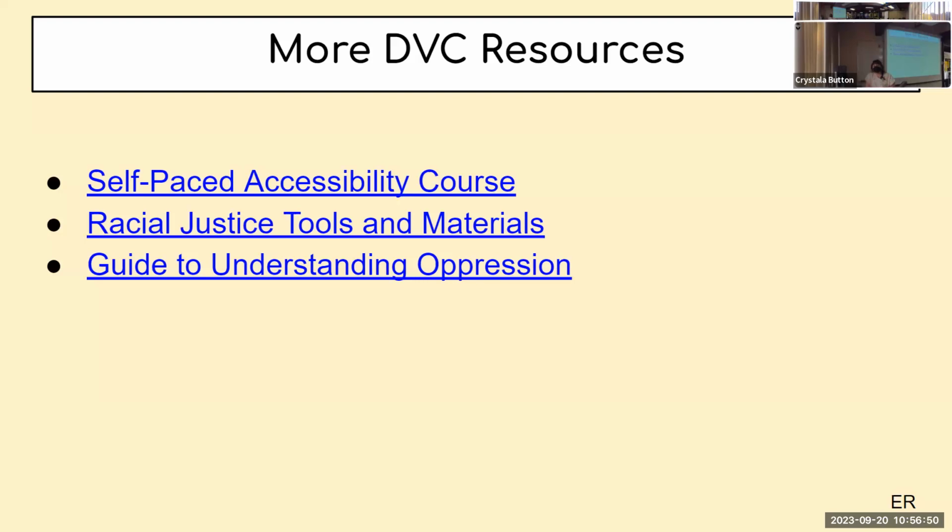We also have our racial justice tools and materials from our racial justice task force, and then a guide to understanding oppression, which also came from SES and racial justice. That was very valuable in informing our presentation here and making sure that we are being as inclusive as possible in all that we do at DVC.